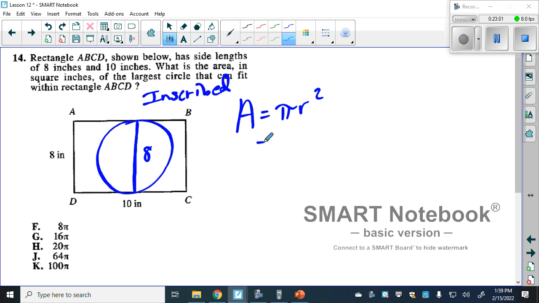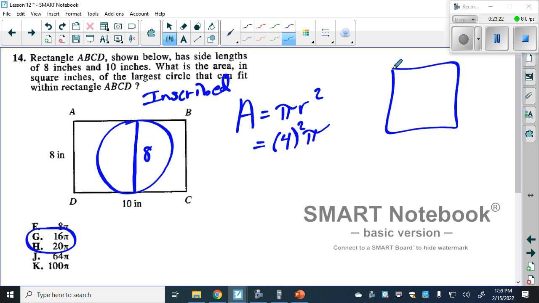Well, if 8 is the diameter, the radius is 4, squared, and 4 squared is 16. So whenever we inscribe a circle into a rectangle, it'll be whatever the shortest length is. And for a square, it's going to match exactly the side length, because a square's side lengths are all the same.